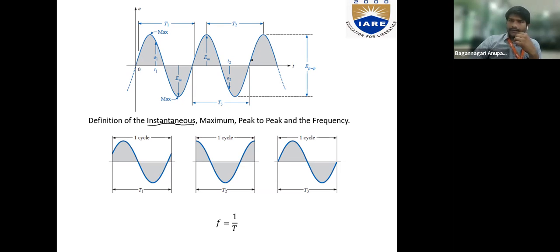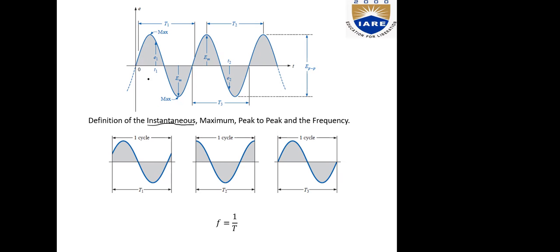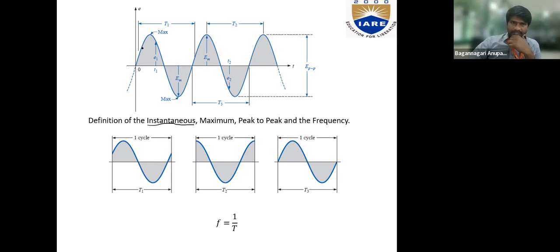In general, it is the value at a particular time, the magnitude of the parameter, whether voltage or current, at any particular time instant. Say I have some time t. What is the magnitude I am going to get here if this is a voltage cycle? That magnitude is the instantaneous value, isn't it?